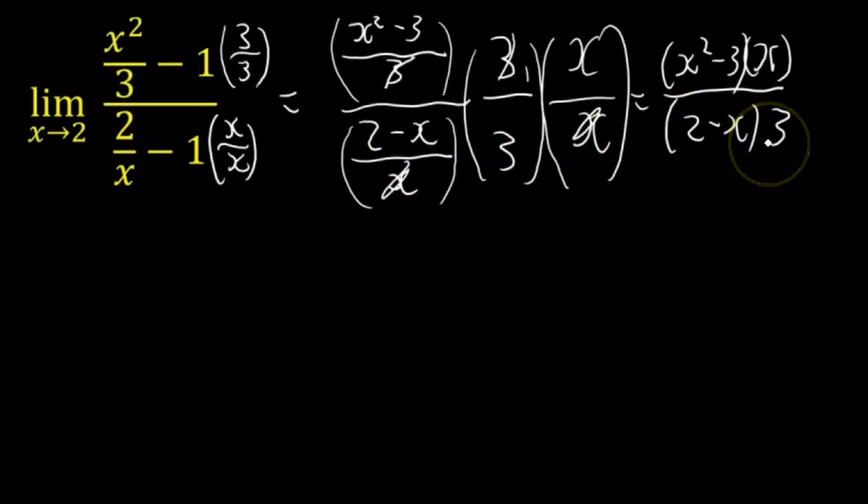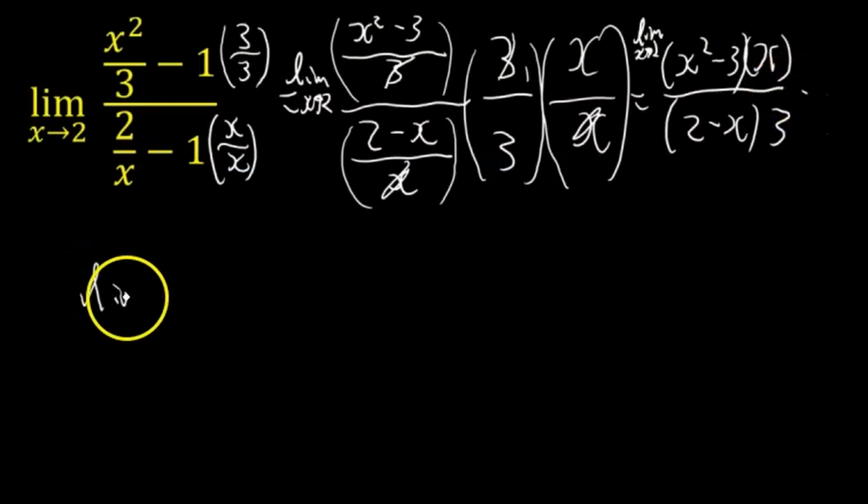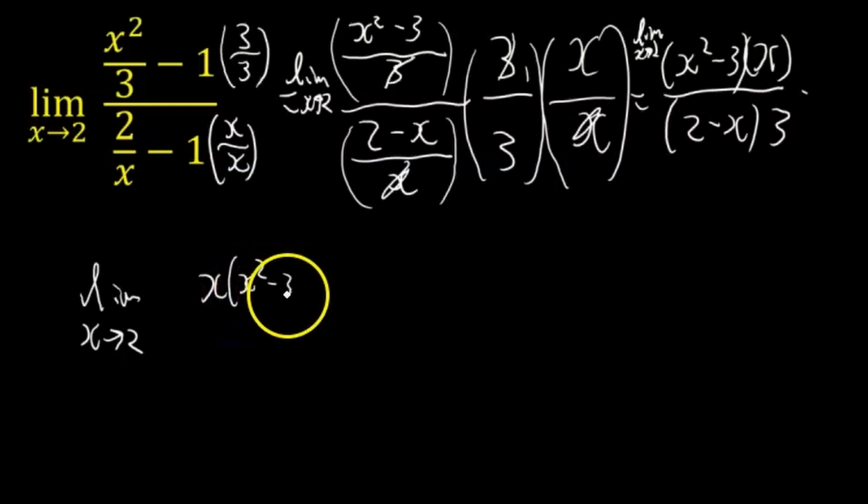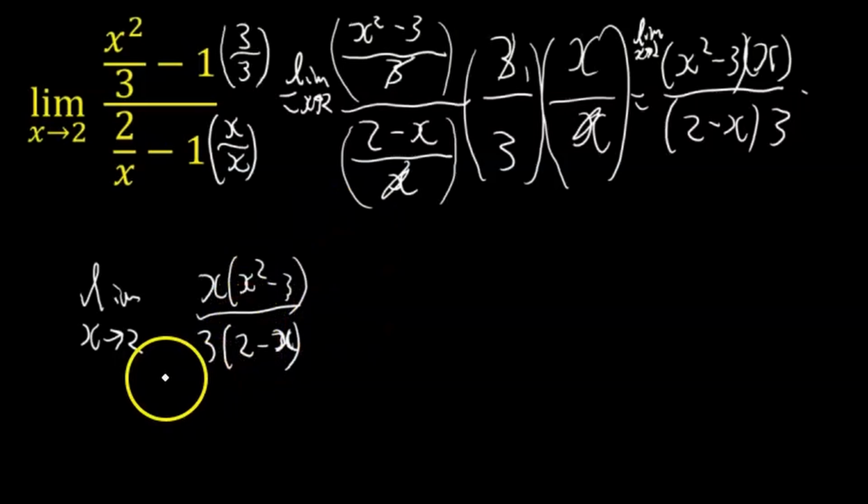Okay, now if we clean this up a little bit, the limit as x goes to 2 of x times x squared minus 3 over 3 times 2 minus x. Notice we don't have anything that cancels here, and we still have a problem if we plug in 2 for x. We're still undefined.